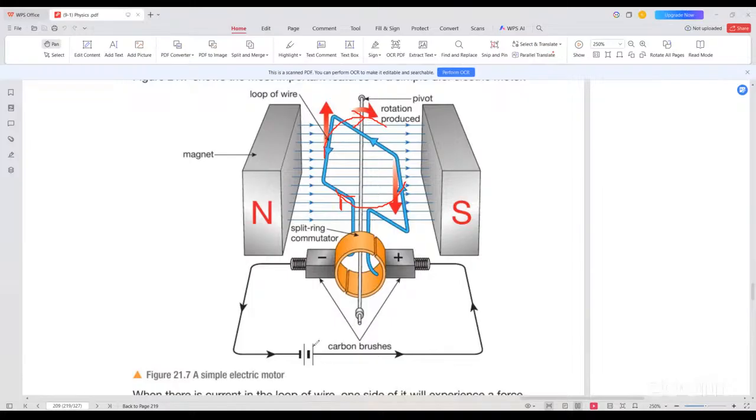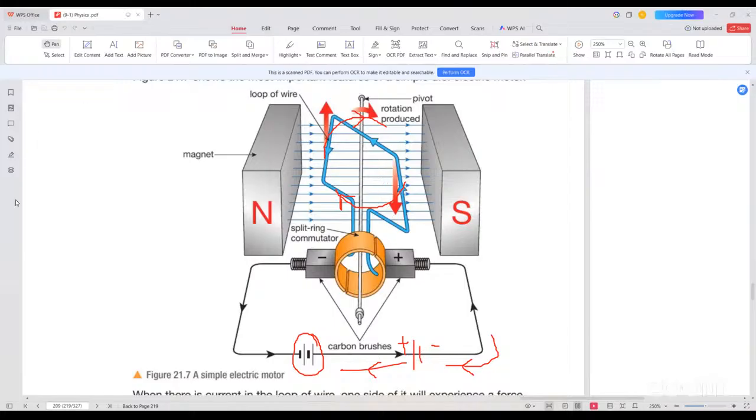Just imagine I'm going to change the direction of the terminal. I'm going to use the terminal in this direction, so this is going to be positive and this is going to be negative. Which means now the current moves in this direction and returns in this direction.